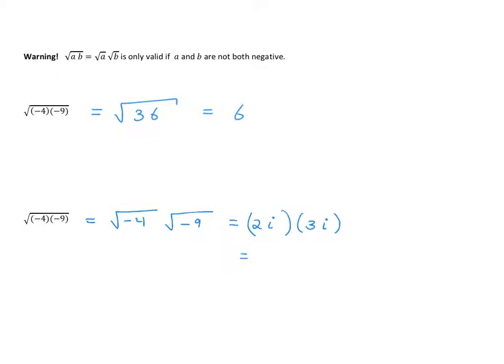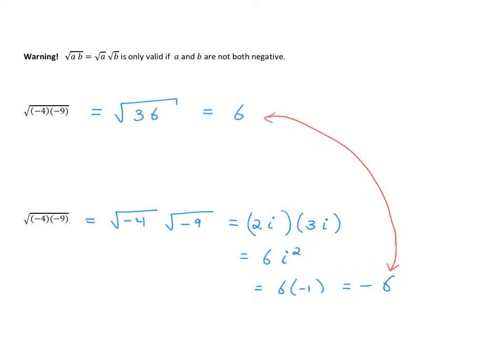When I multiply everything together, 2 times 3 is 6, and i times i is i squared. And we've seen this a few times now, but if you square i, you get -1. And this gives me a final answer of -6. And here is the problem. This can't happen.